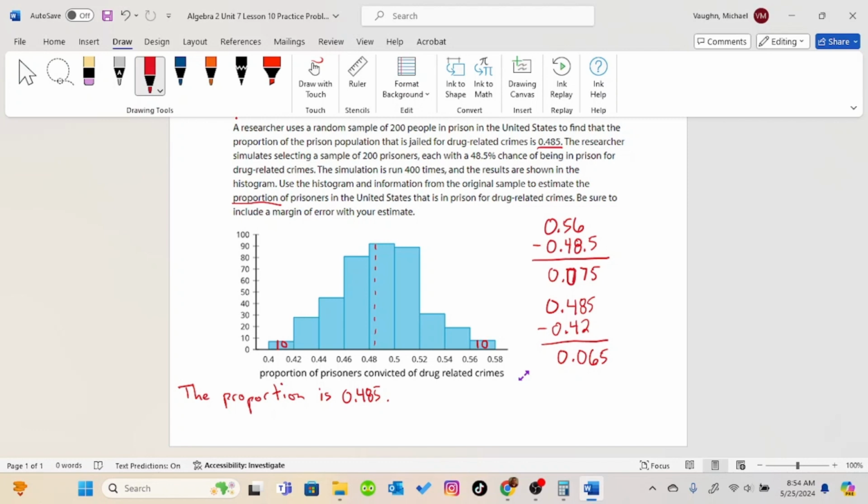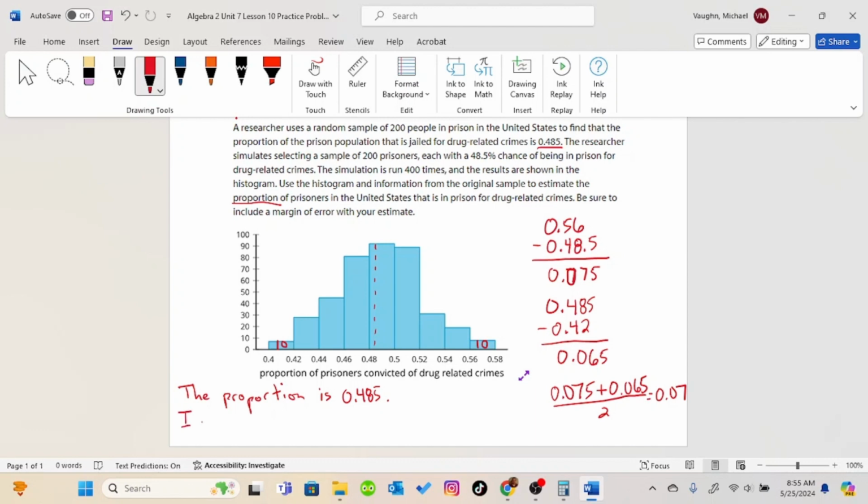So I'm going to meet in the middle, 0.075 plus 0.065 divided by 2 equals 0.07.